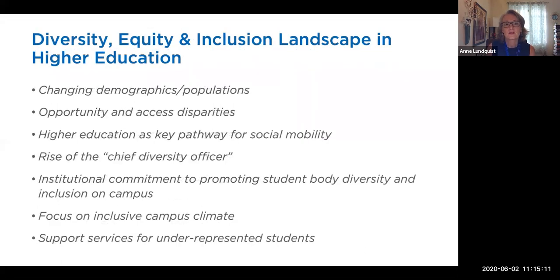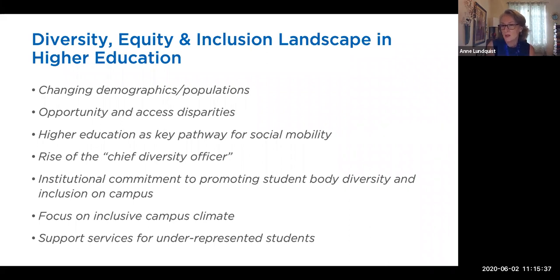And then in the diversity, equity, inclusion landscape, we have some similar things that have emerged in the last few years, including the changing demographics of the population of students on our campus, and the clear work that has been done in the assessment world around the access disparities and the opportunity in graduation for various populations of students.